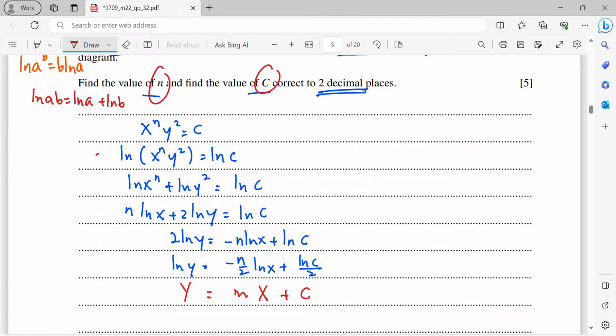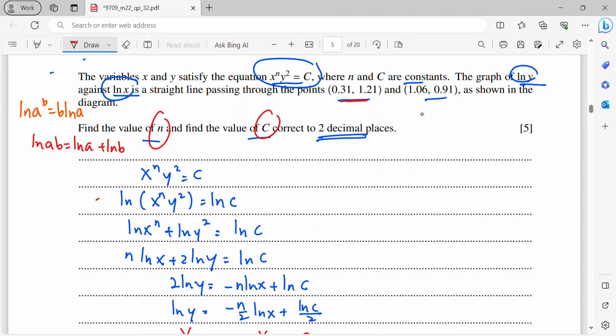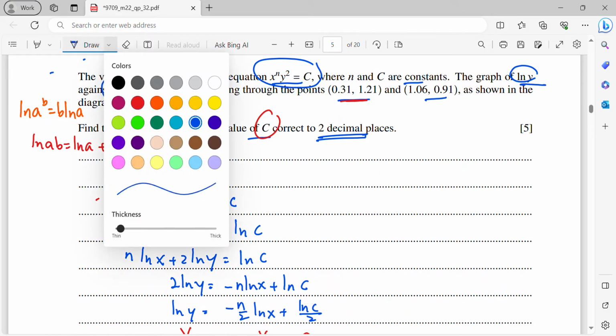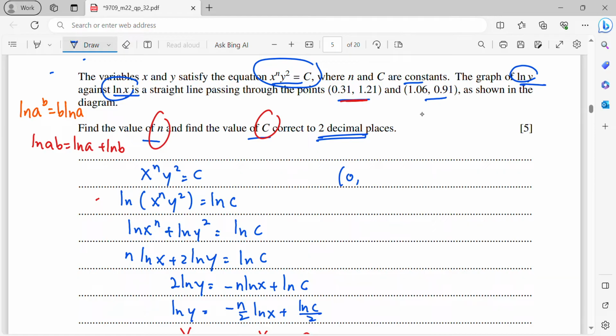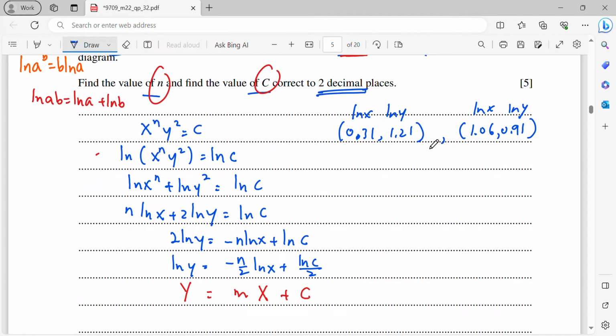Okay, so now I will refer to the 2 points. 0.31, 1.21. This is my ln x, this is ln y, and another point 1.06, 0.91. This is my ln x, this is my ln y. Now to get n and c means that you need to solve the simultaneous equations. So I will substitute into this equation right now.